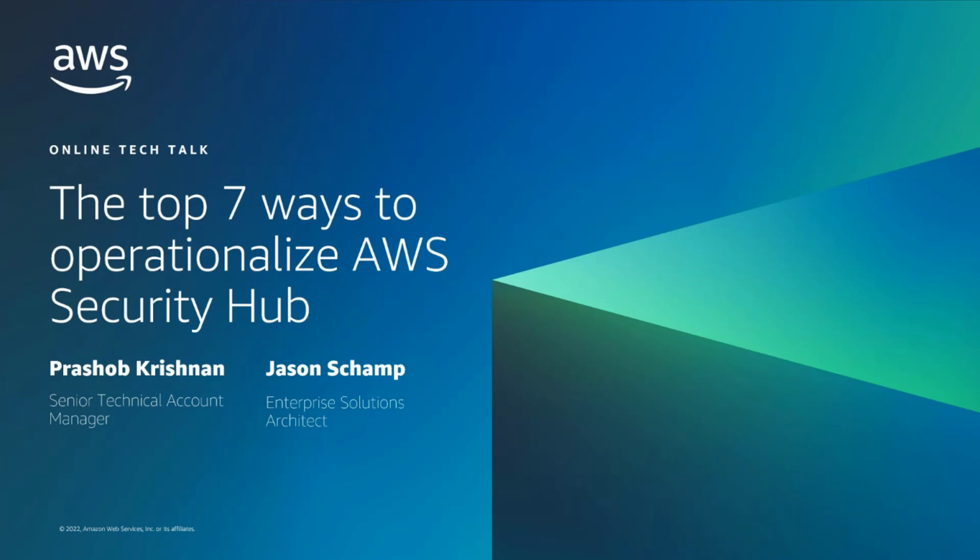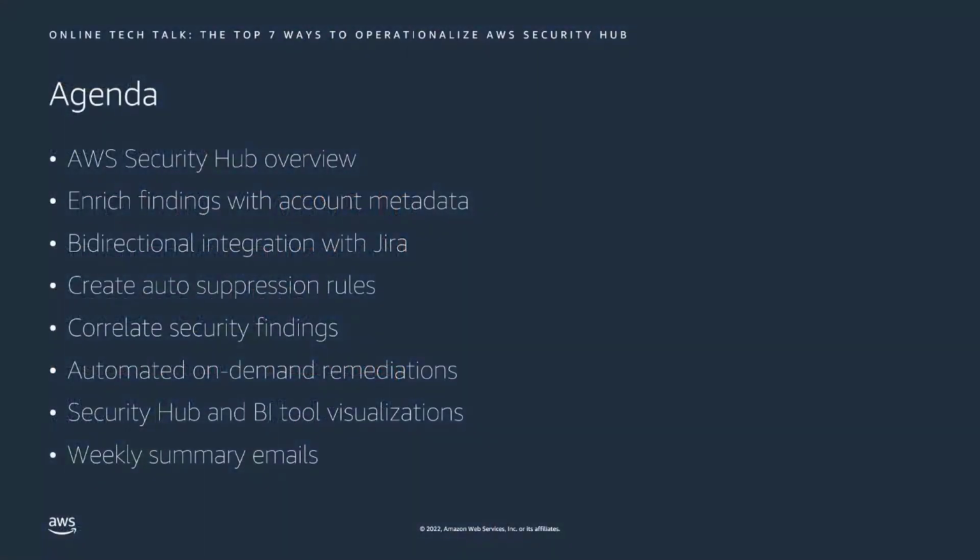So let's move to the agenda for today. We will start by providing an overview of Security Hub. We will then take a look at how to enrich your Security Hub findings with account-related metadata, creating a bi-directional integration with a ticketing system like Jira, how to build auto-suppression rules and correlate findings.